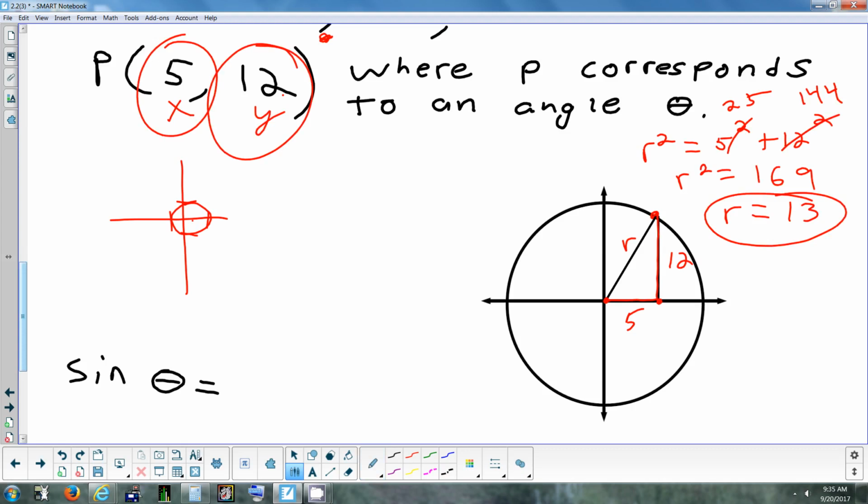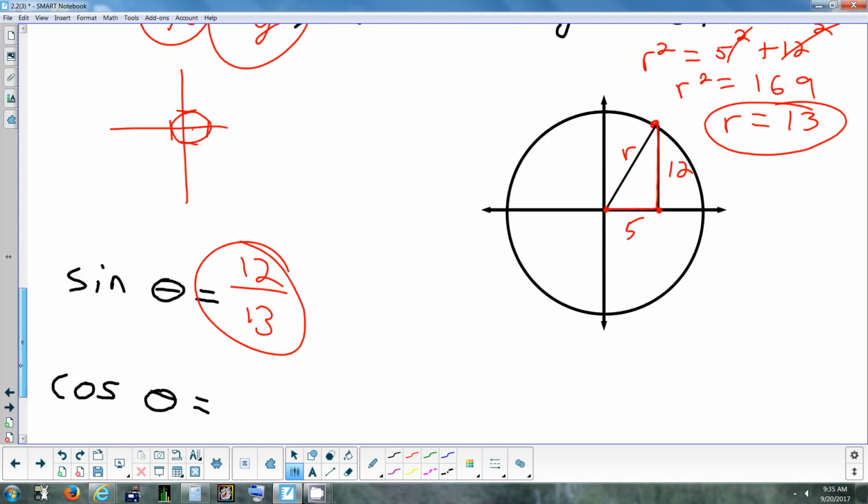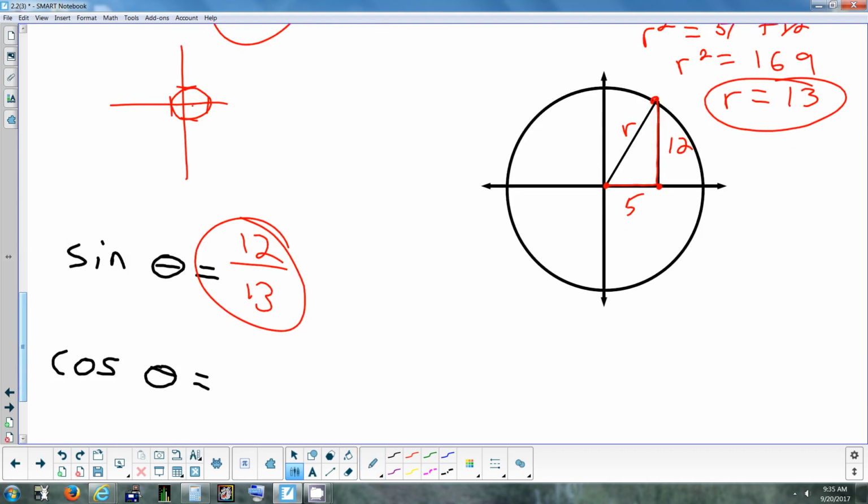So Peter, what's our formula for sine in general? It's y over r. What's y in this case? 12. And what's r? 13. That's it. There's my sine. Haley, what's the general formula for cosine? X over... if it's a unit circle, but what if it's not a unit circle?